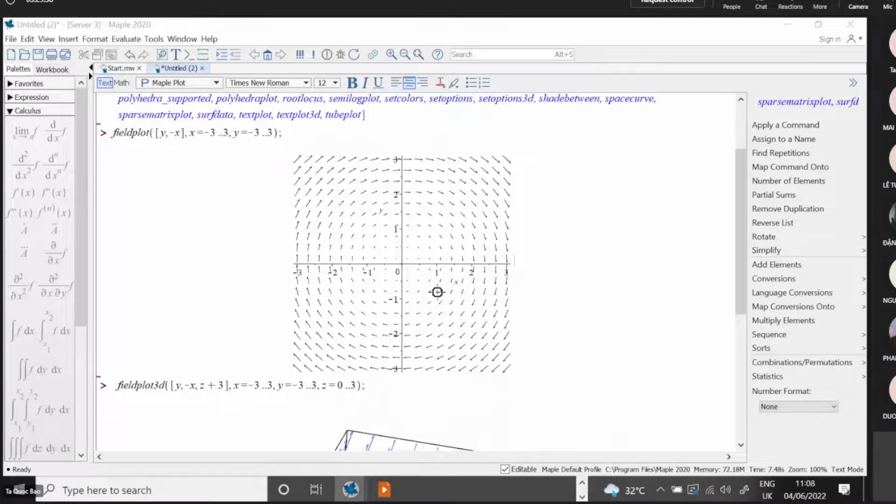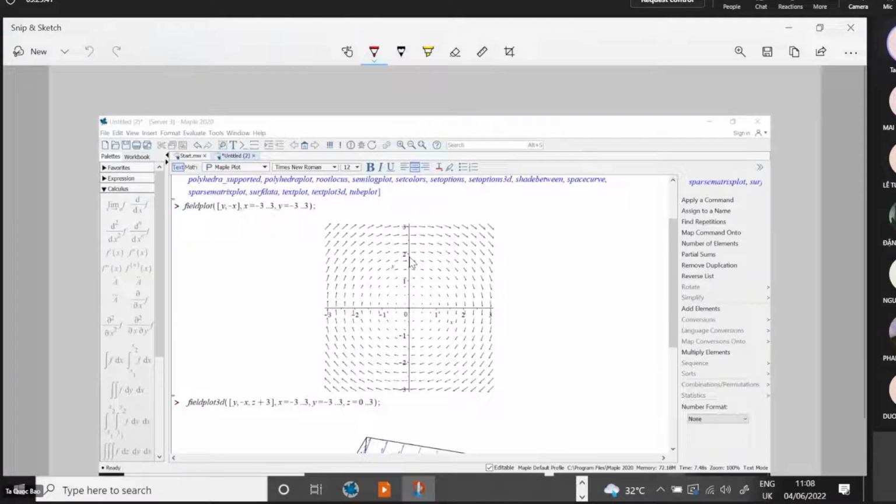Now, if we have a vector field here, and a curve C that looks like this, for example, now we don't move in the vector field.